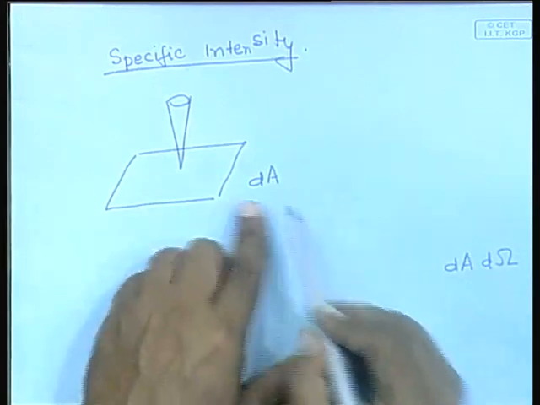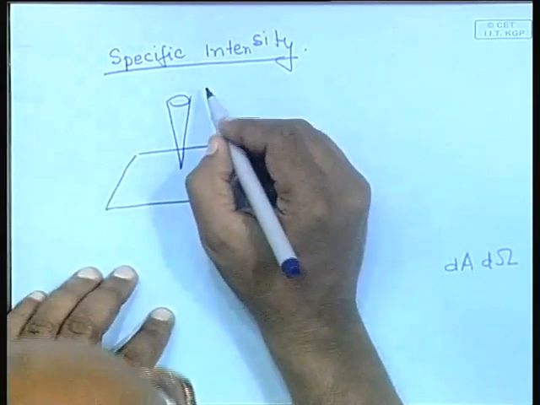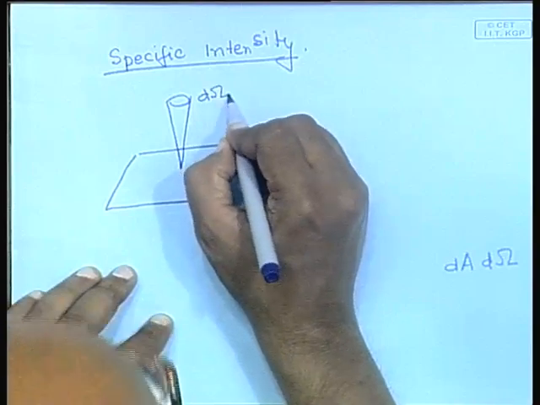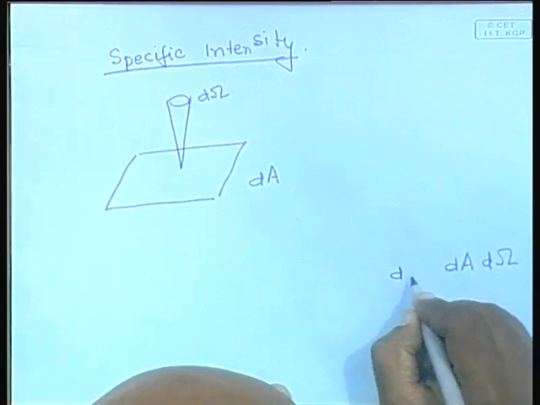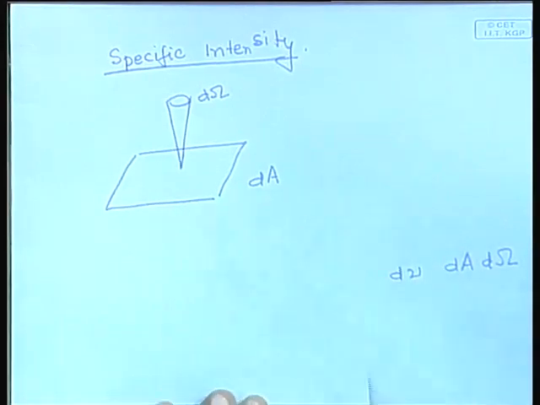So, given an area dA and a solid angle d omega, how much energy comes in the frequency interval d nu in the time interval dt?